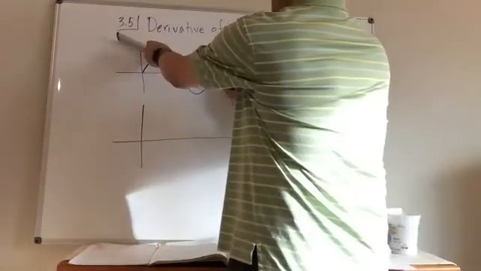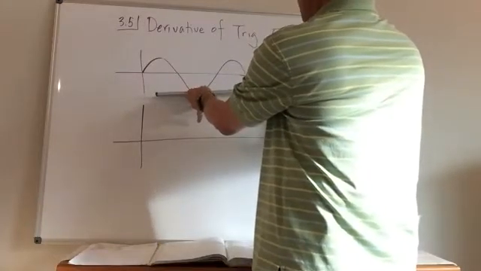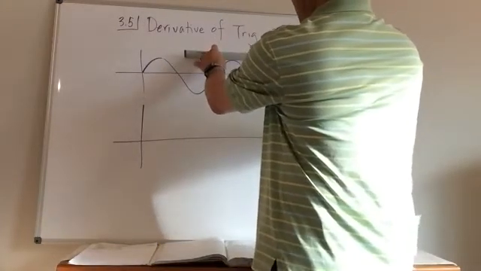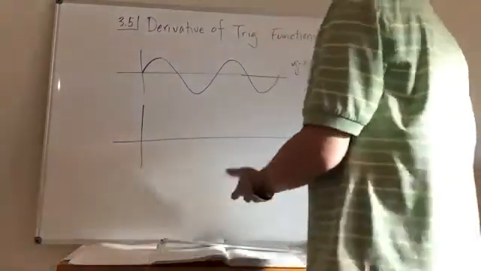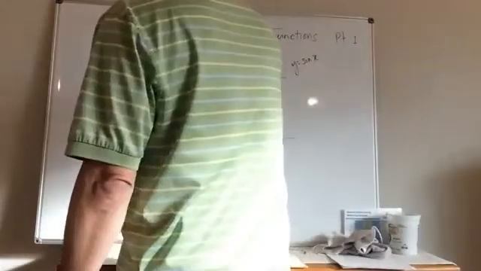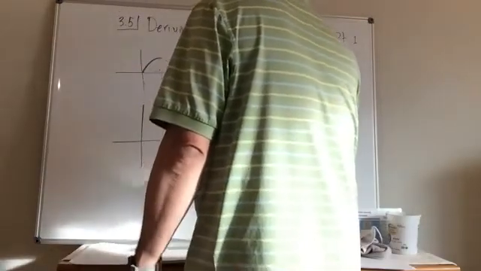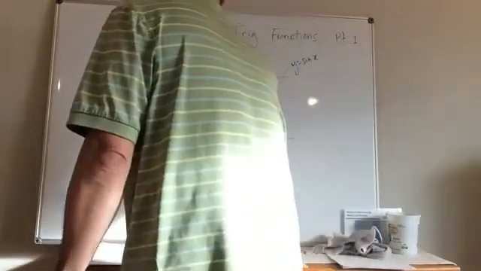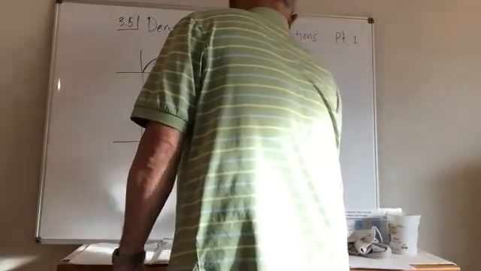So it goes down and comes down to 0 again here. So every time there's a peak or a valley in the trig function, the derivative is equal to 0. So whatever this function is, the derivative is going to have zeros at these points.